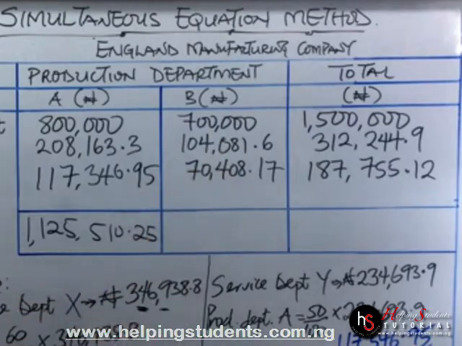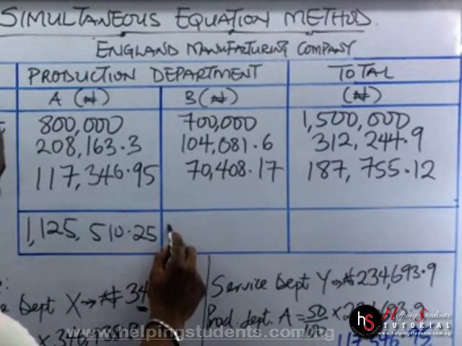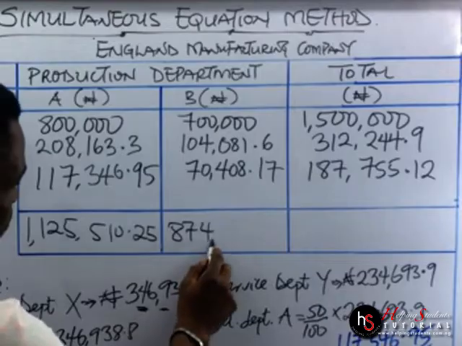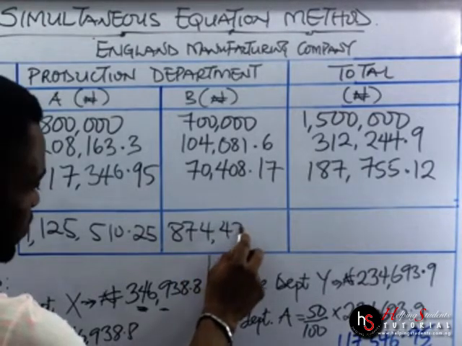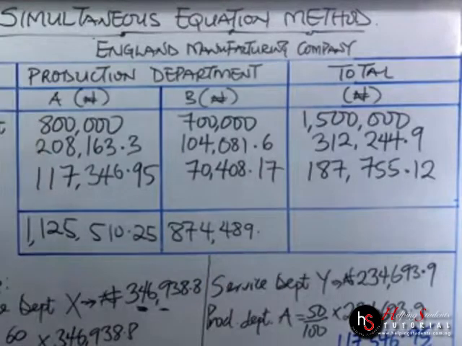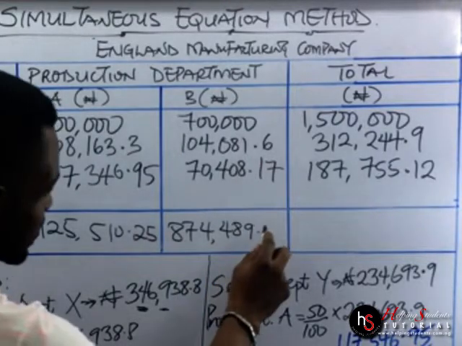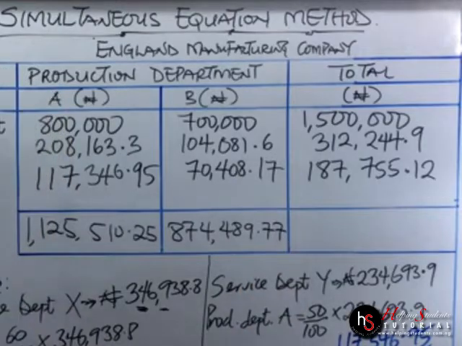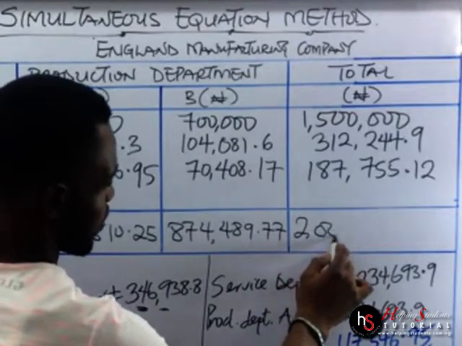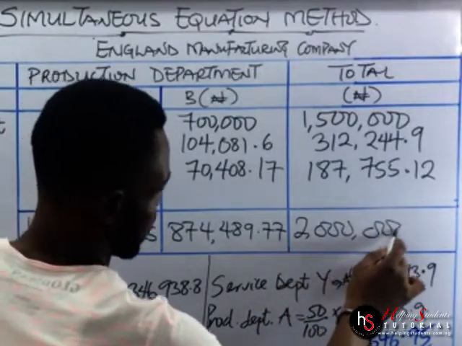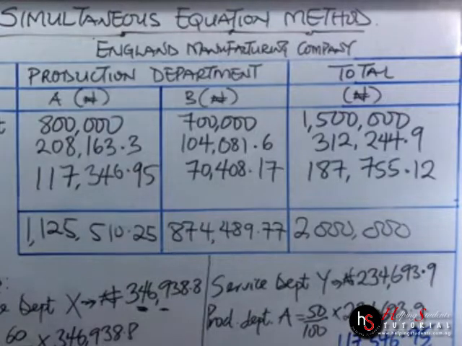When we come over to the next one and we add it up, it gives us 874,489.77. Then when we add the last one, it gives us what? 2 million.